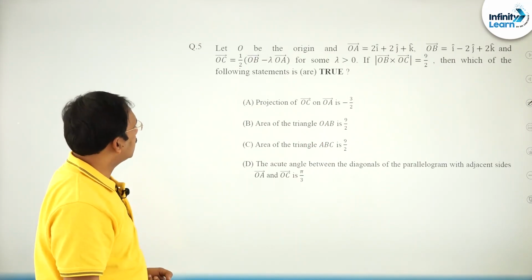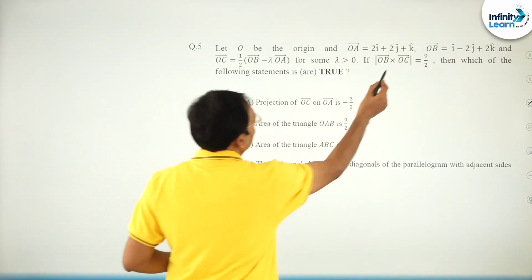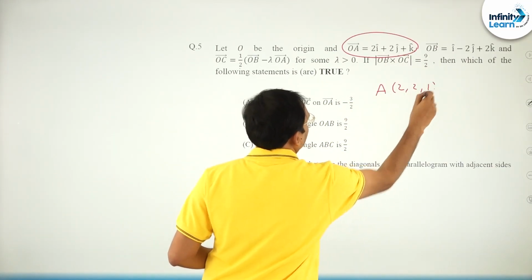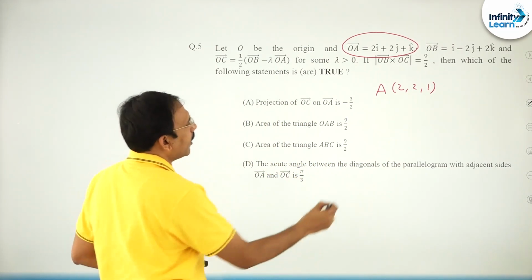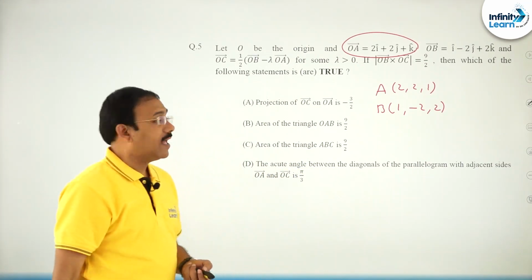The next, you see this question, it is a simple question from vectors. You are given OA bar, the point A you can treat like (2, 2, 1), and the point B you can take like (1, minus 2, 2).